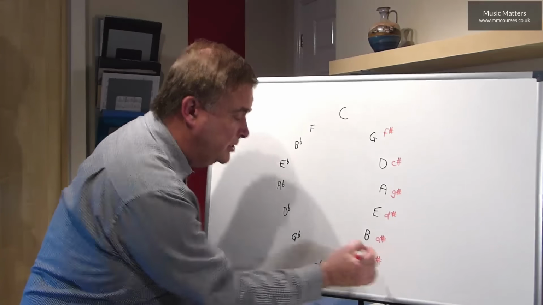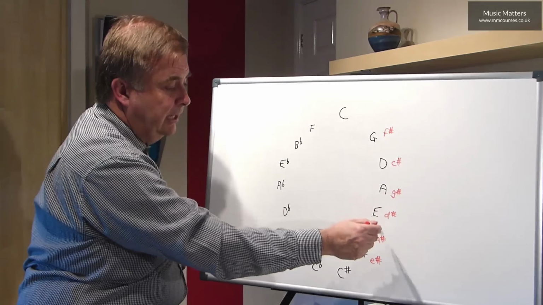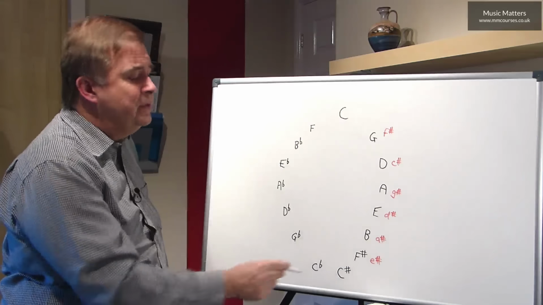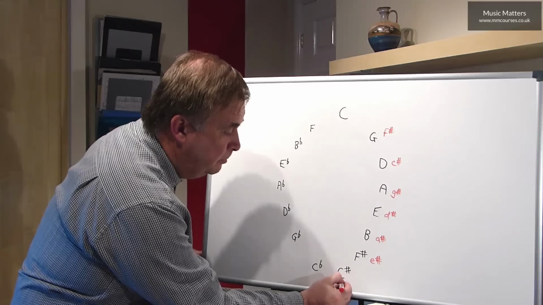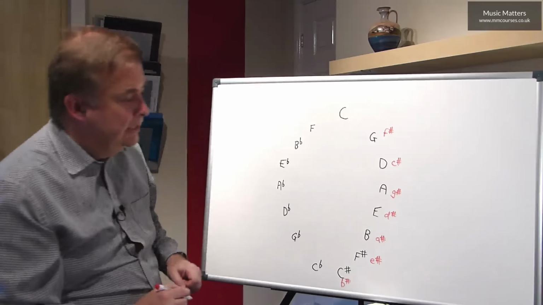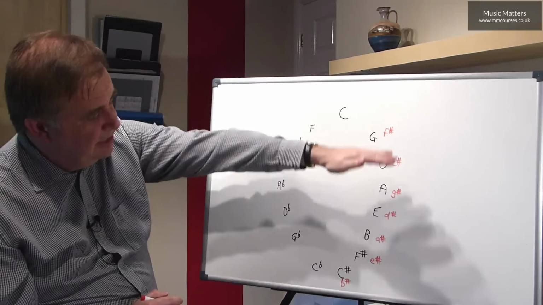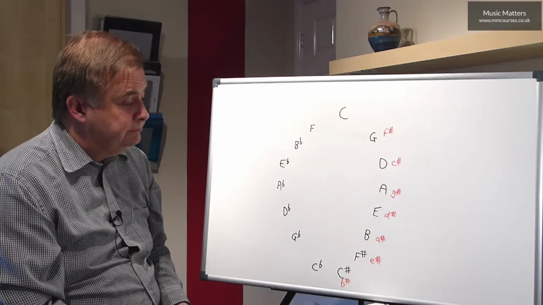So F sharp major's got six sharps: F sharp, C sharp, G sharp, D sharp, A sharp, and E sharp. And the seventh note in C sharp major is B sharp. And so there's C sharp major with its seven sharps, which means that every single note is sharp.